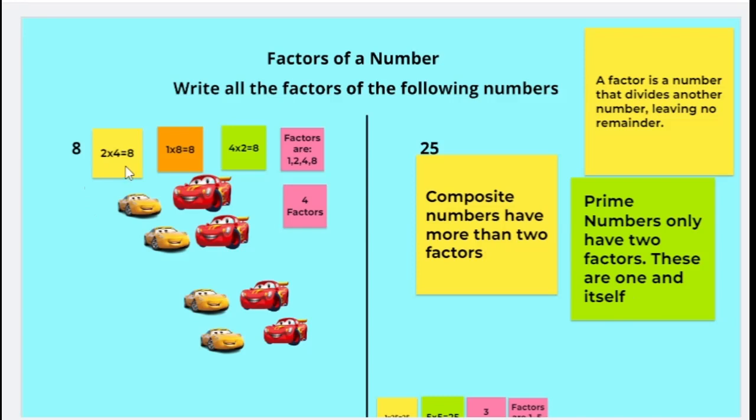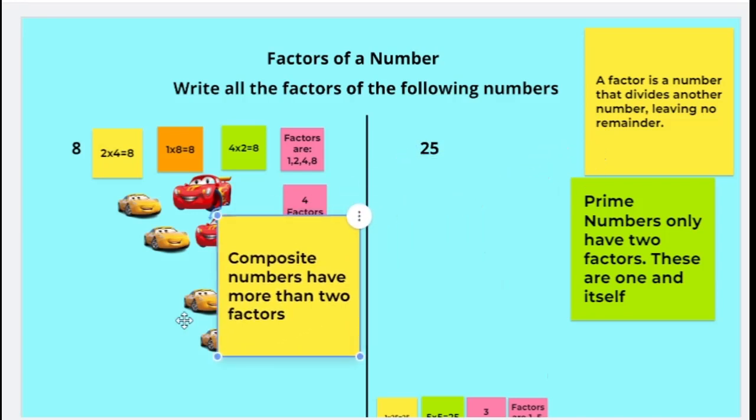So, we know that the number 8 has 4 factors. So, 8 will be a composite number because 8 has more than 2 factors. All right? Take your notes.